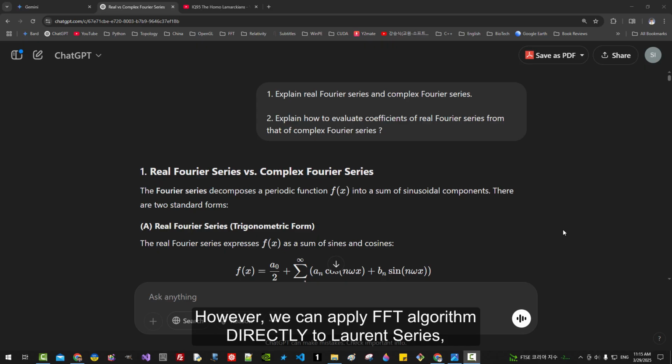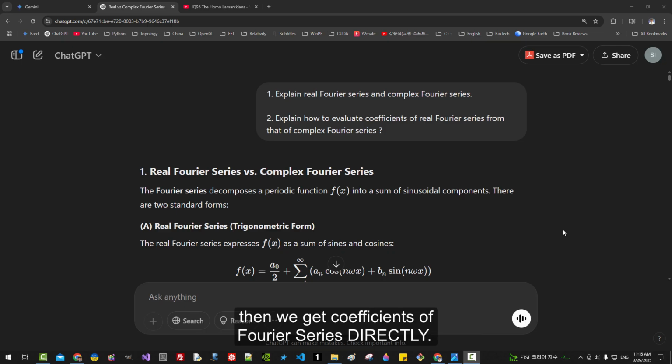However, we can apply the FFT algorithm directly to Laurent series. Then we get coefficients of Fourier series directly.